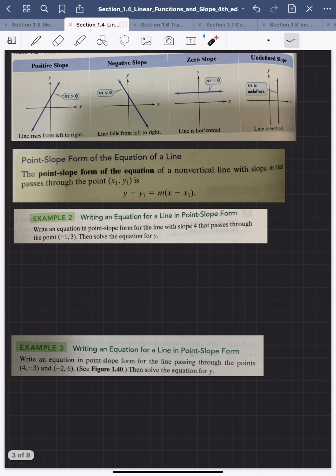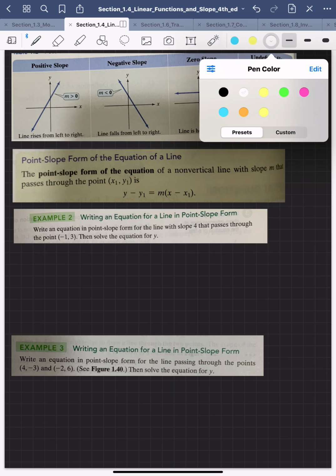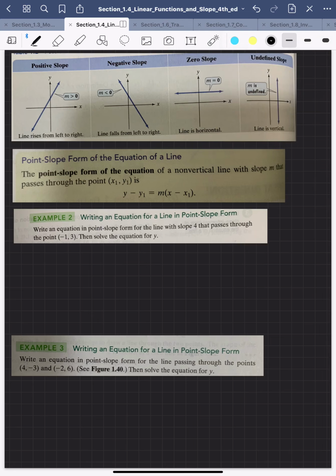So let me write something. If m is equal to y sub 2 minus y sub 1 over x sub 2 minus x sub 1, then let me go ahead and talk to you a little bit about what we call the point slope form of an equation. Well, first off, can you agree?